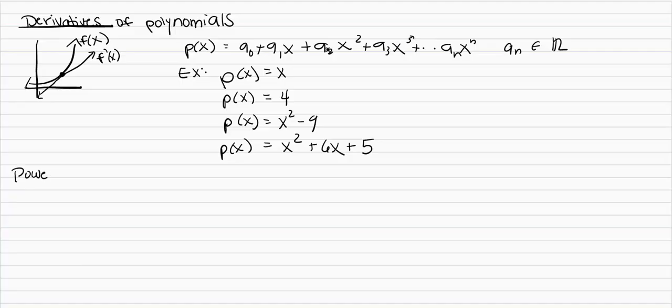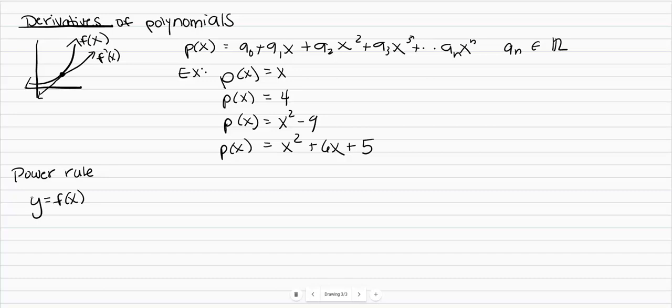So there is something known as the power rule. Say we have a function f of x, or allow me to write it such that y is equal to f of x.